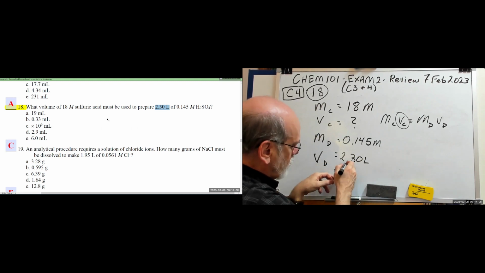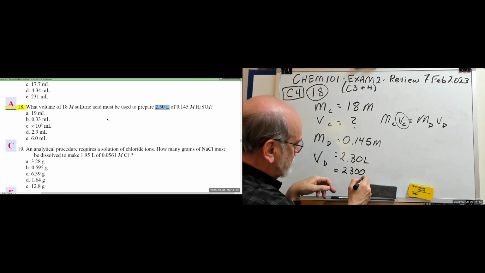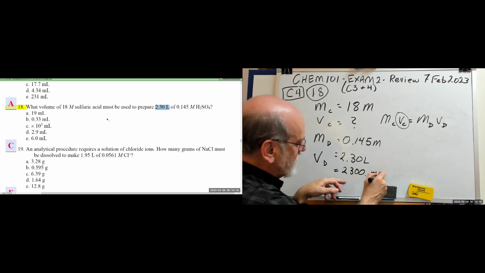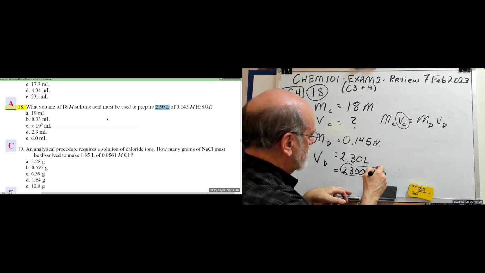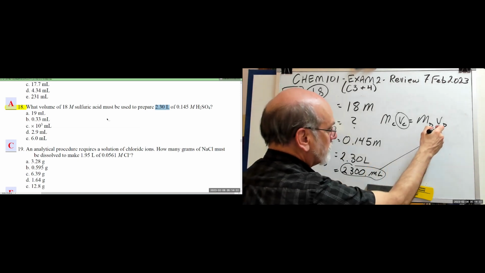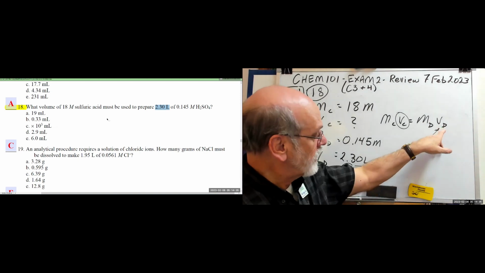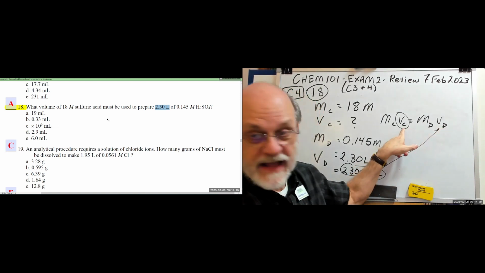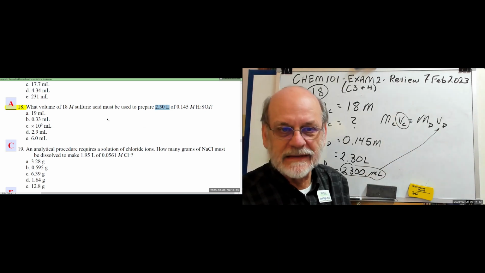So we'll move it 1, 2, 3. 2,300 milliliters, and put milliliters in here. Remember? And because this is in milliliters, that answer will be in milliliters. And it should be 19.